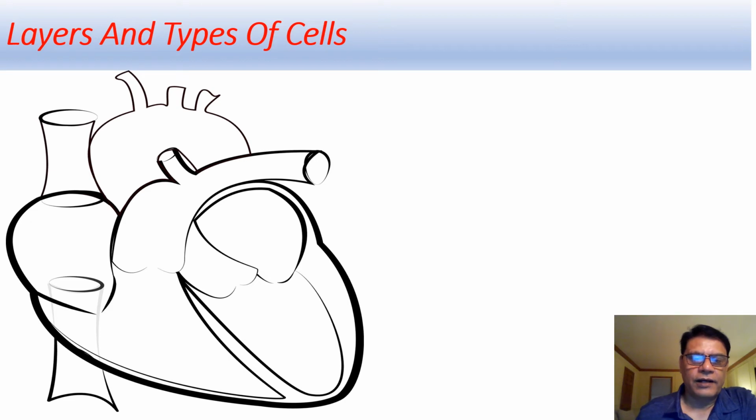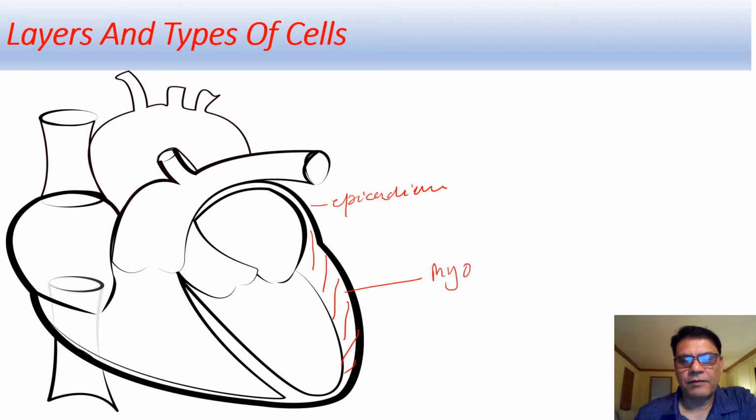Number one, the outer layer is called epicardium, the outermost layer, and then the muscular layer that produces the force or generates the power of contraction, and this is called the myocardial layer, myo meaning muscles.